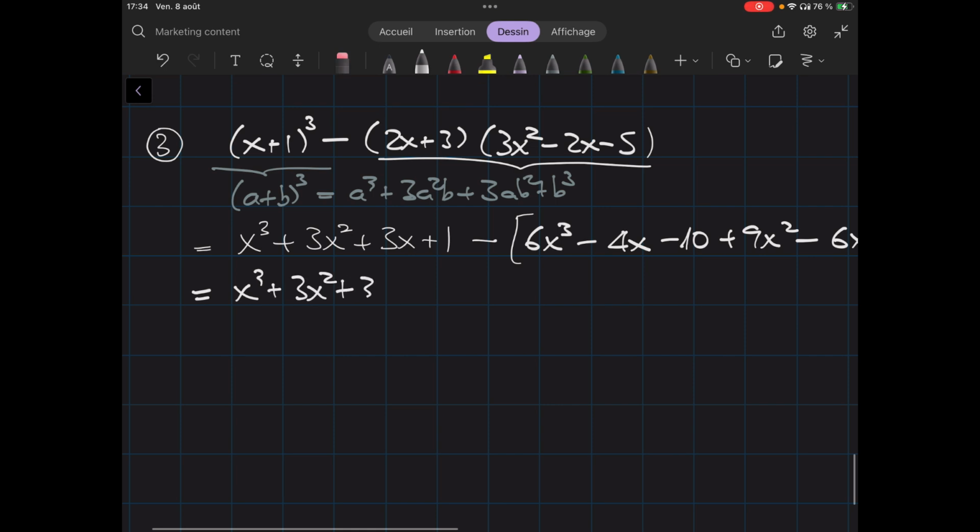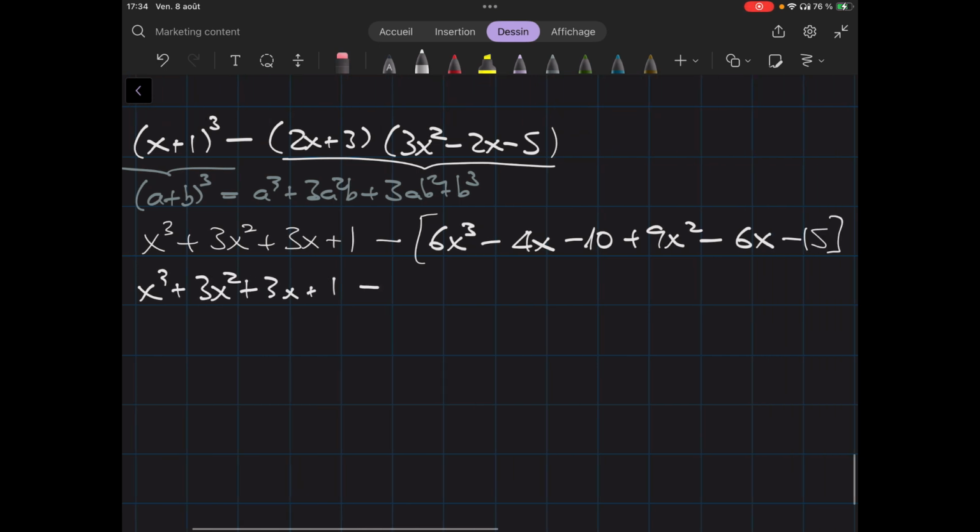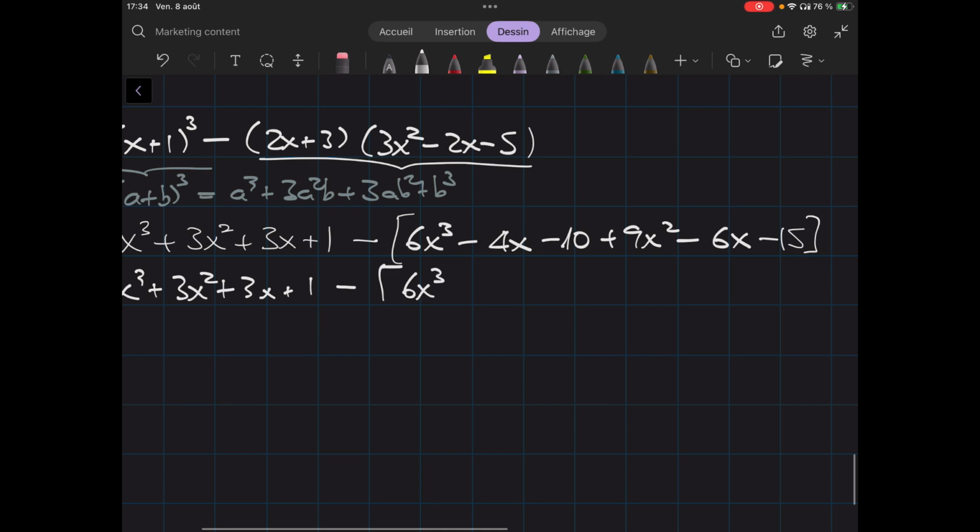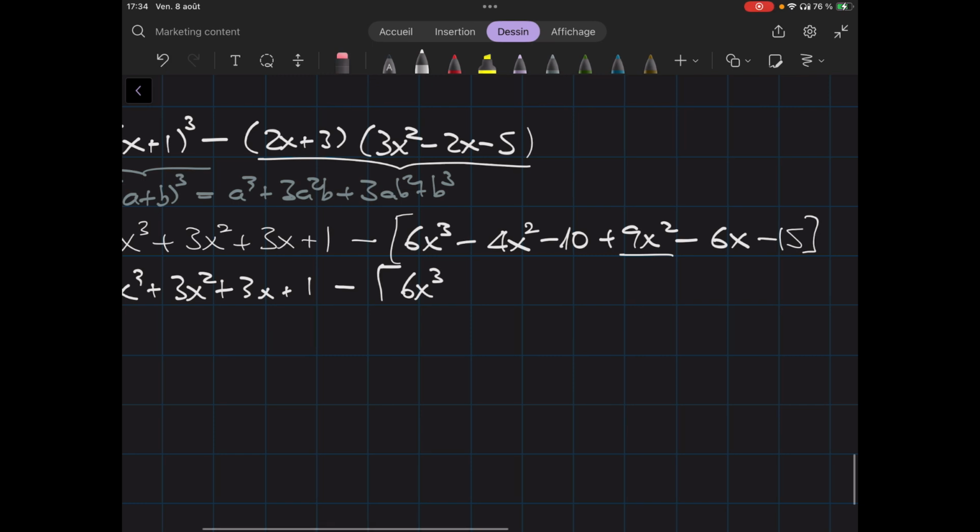3x squared, 3x plus 1 minus 6x cubed. Did I forget any squared terms? This one should be squared as well. Negative 4x squared plus 9x squared. This guy should be 10x.